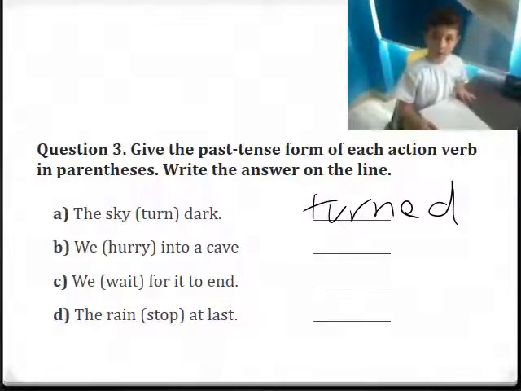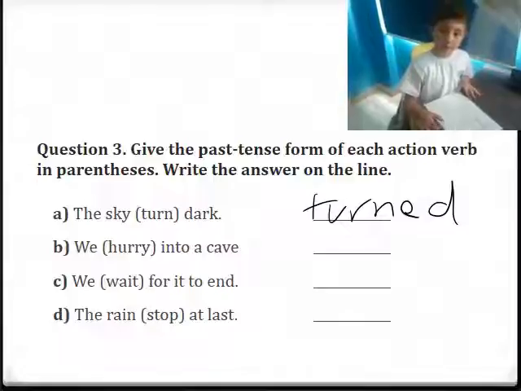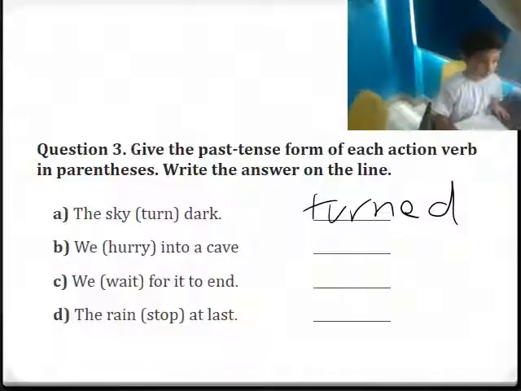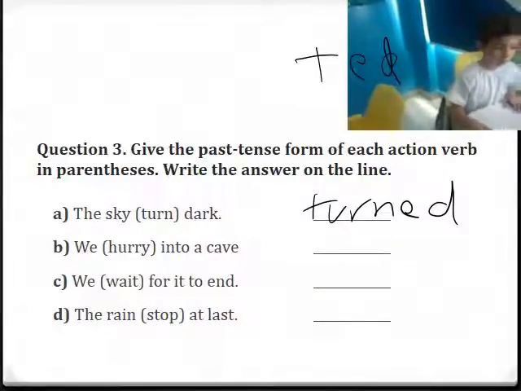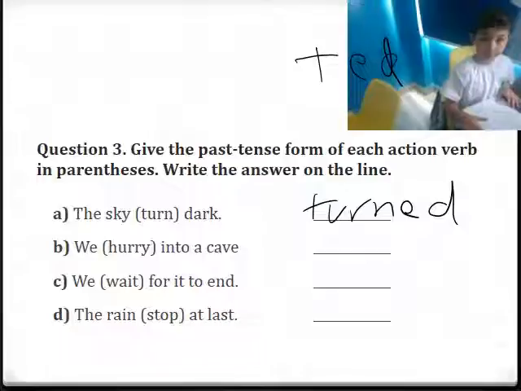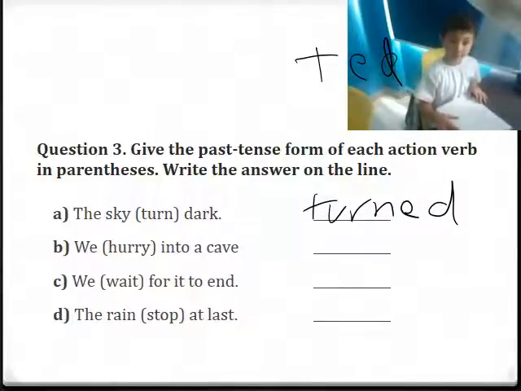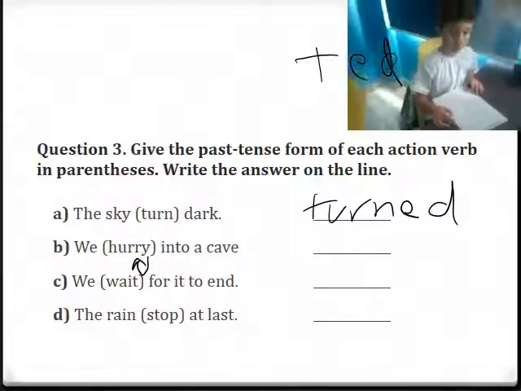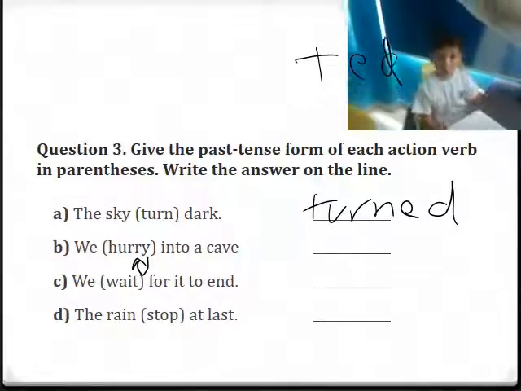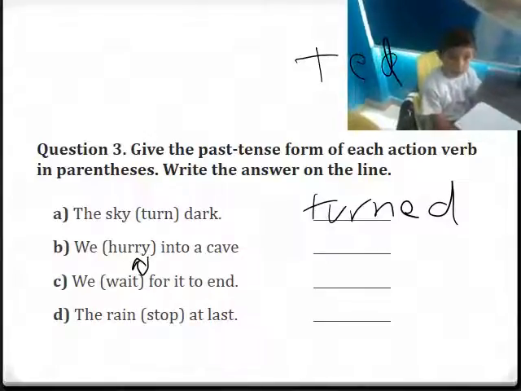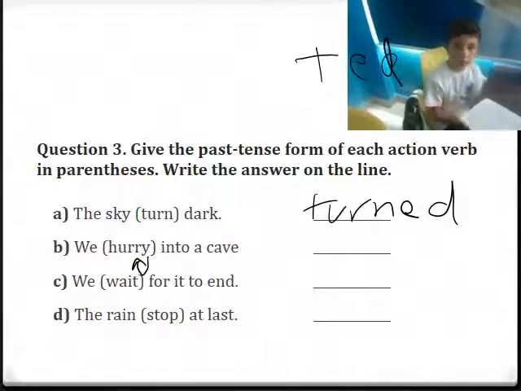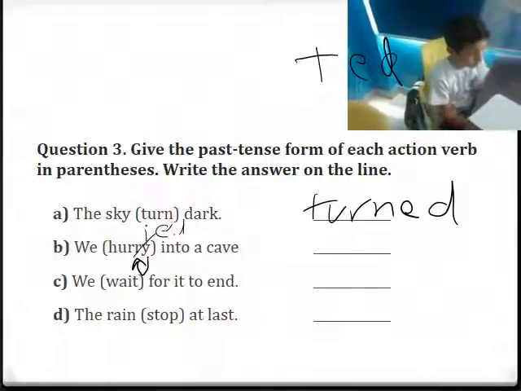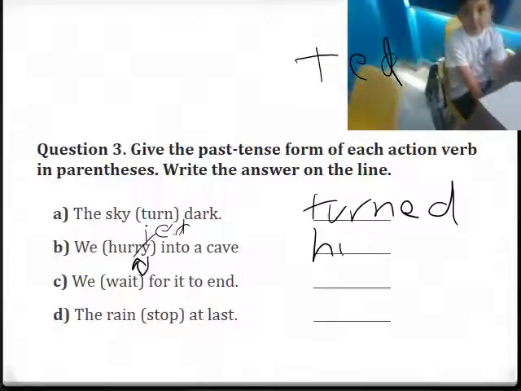To a regular verb, ed. Okay, usually in the past tense we add ed. Now, hurry, what does it end with? Y. Look at the letter before the Y. Is it a consonant or a vowel? A consonant. So when we have a consonant, what do we do with the Y before adding ed? Cross it out and put I. Then ed. So it will be hurried.